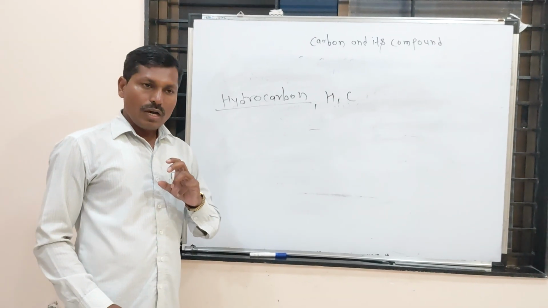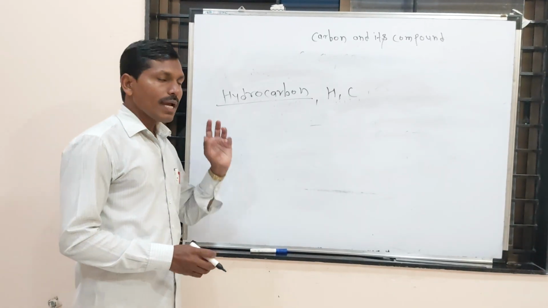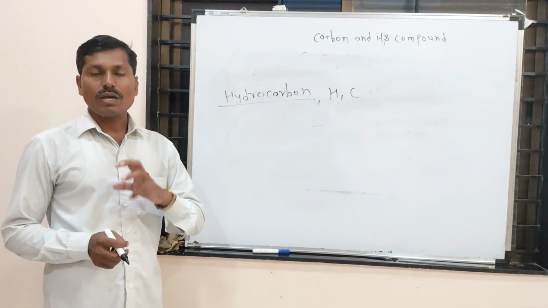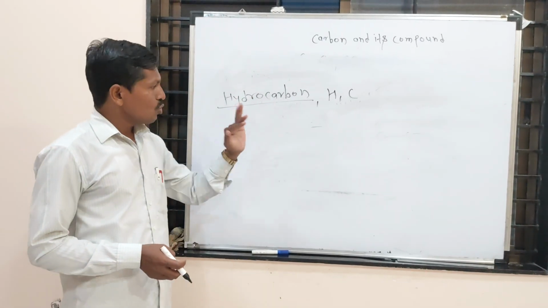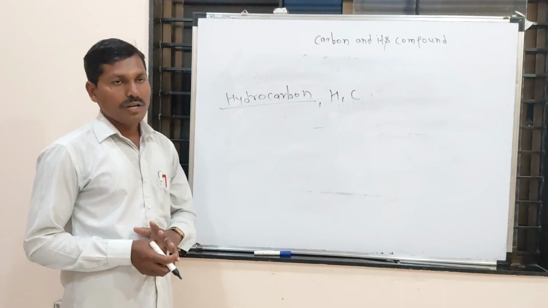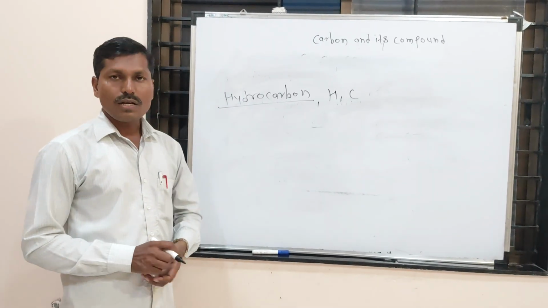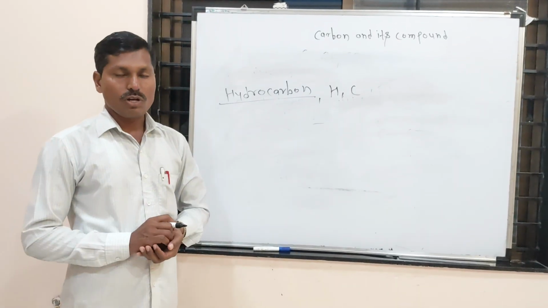If we think about organic chemistry, it is the branch of chemistry which deals with the study of carbon and hydrogen, and those compounds are called hydrocarbons. The simple meaning is that a hydrocarbon is nothing but a compound which contains hydrogen and carbon.